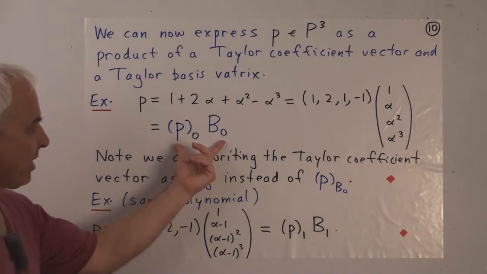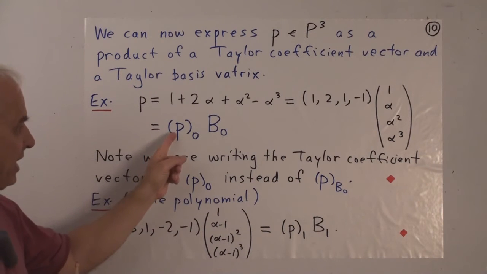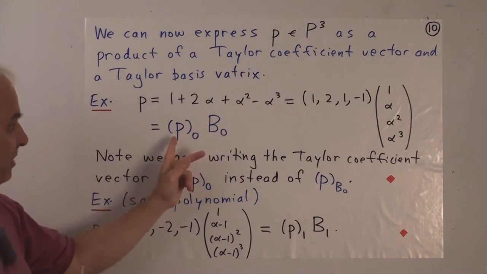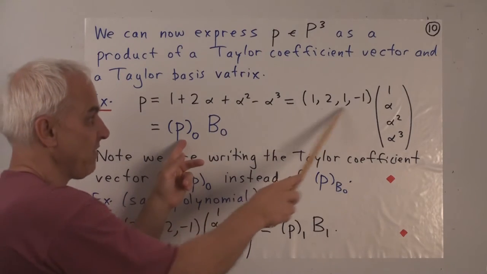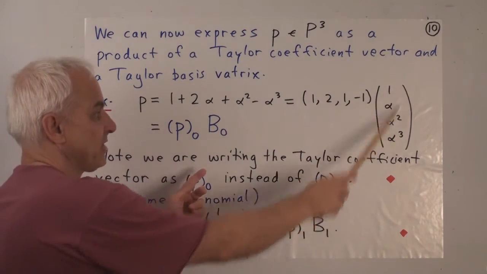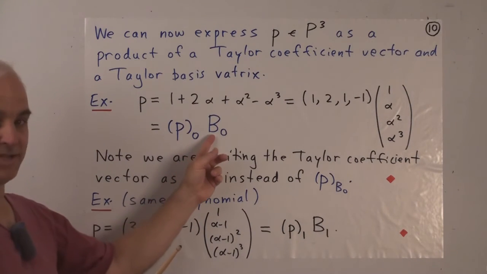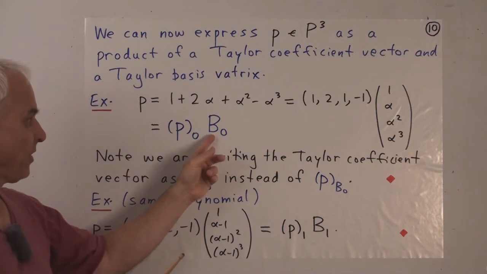And compactly, what we have here is this coefficient vector, and we're going to write P with brackets sub 0. So P sub 0, that's that coefficient vector, and this column vector of basis elements, that's our Taylor basis B sub 0.